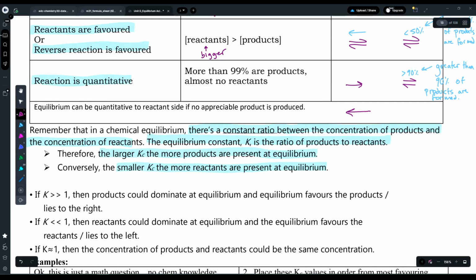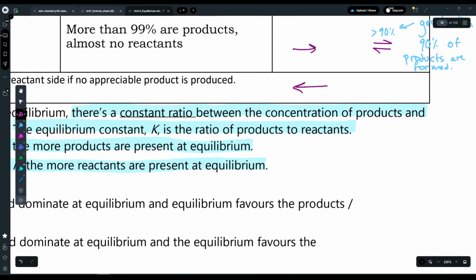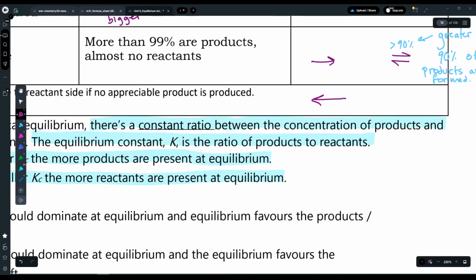If you want to use more mathematical terms, the concentration of your products is proportional to your equilibrium constant, whereas the concentration of your reactants is inversely proportional to your equilibrium constant.